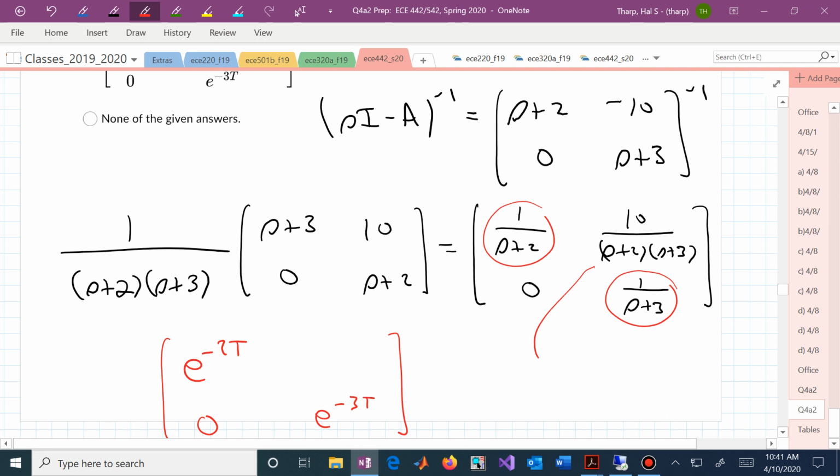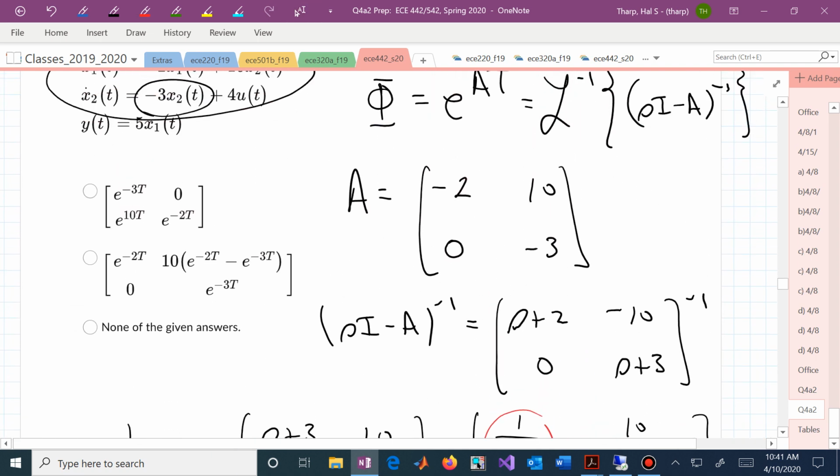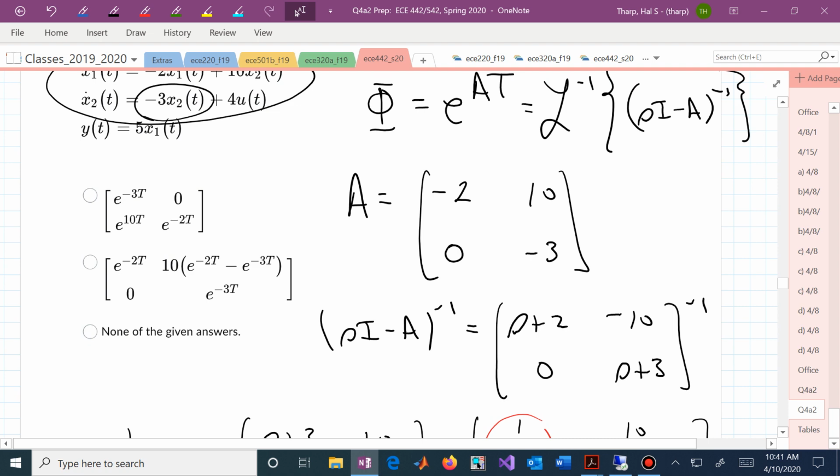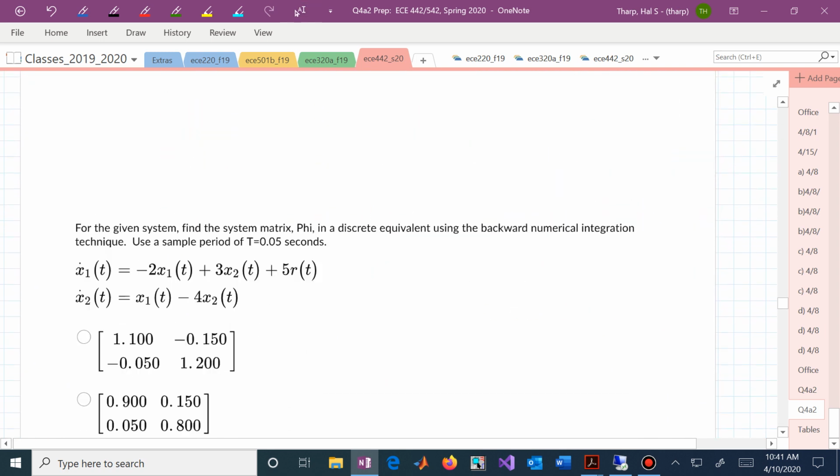Well, now if you partial fraction expanded that, maybe I should say an A1 and a B1. Now you would have some linear combination of e to the minus 2t and e to the minus 3t in the 1, 2 entry of that matrix. And hopefully you can see that your answer is depicted in one of those that's given in that structure.